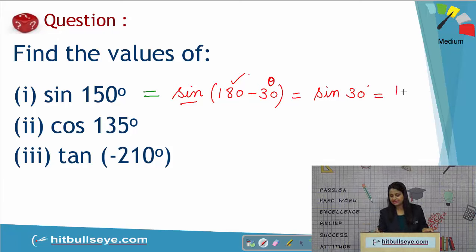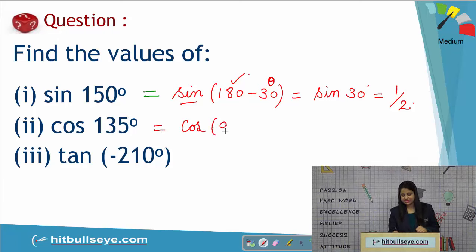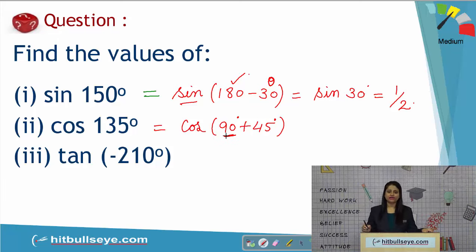Now what is sine 30? That is half. Now coming to the second thing, it says cos 135 degree. Now 135 degree can be written as 90 plus 45. This 90 is 90 into 1, an odd multiple of 90. So the T ratio will be changed. Cosine will become sine.